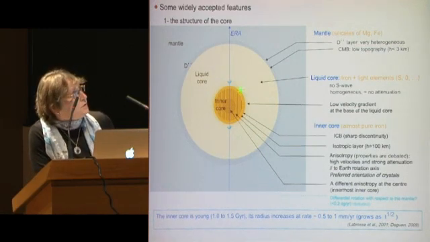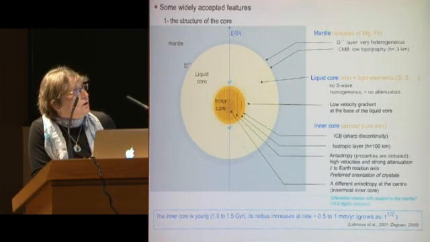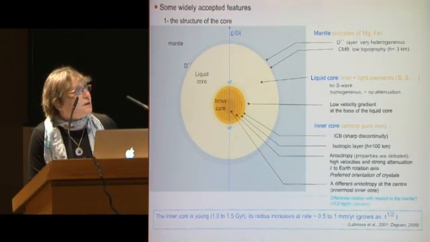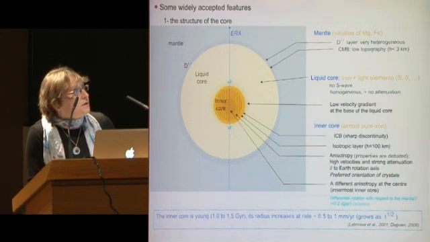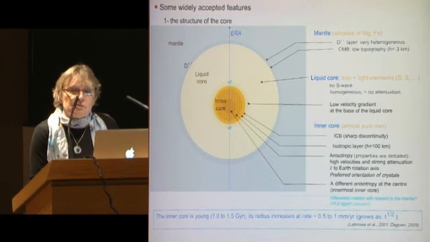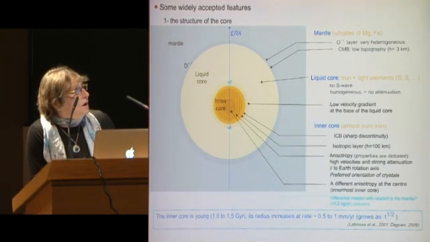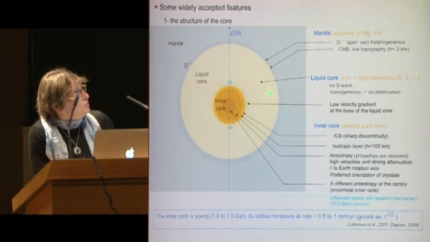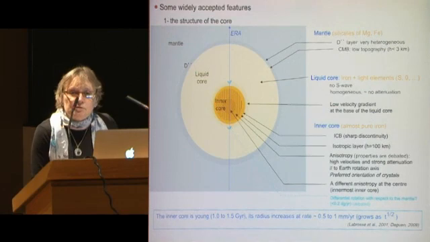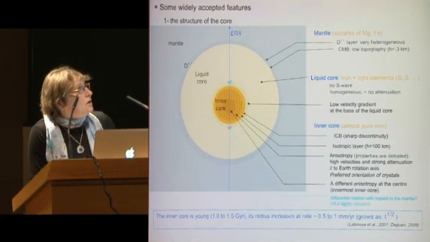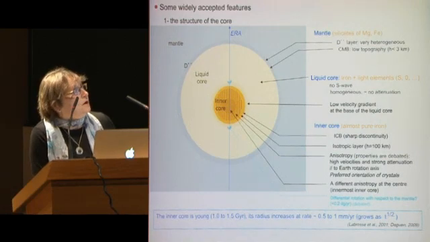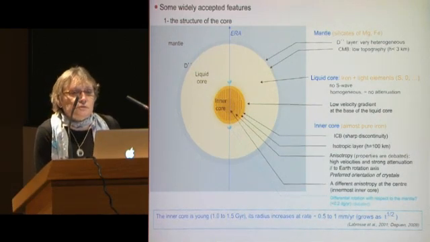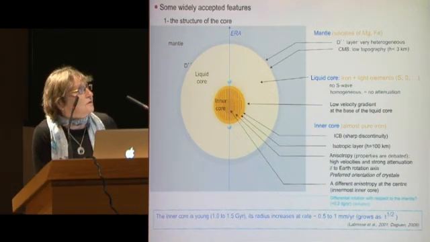At the base of the liquid core is a layer which has a low velocity gradient from the point of view of seismic waves, and it is considered as a high density layer. And then we come to the inner core boundary. Again, it is a first order discontinuity, but not as sharp as the core mantle boundary. I mean, at least the velocity contrast is not very strong.